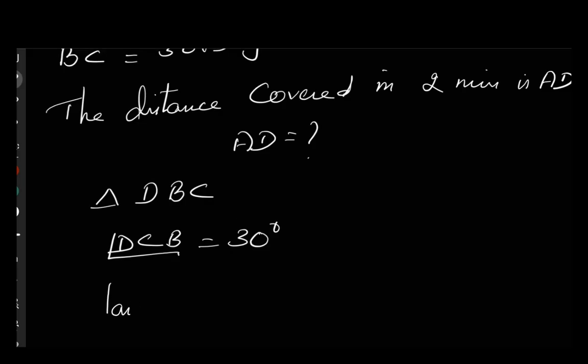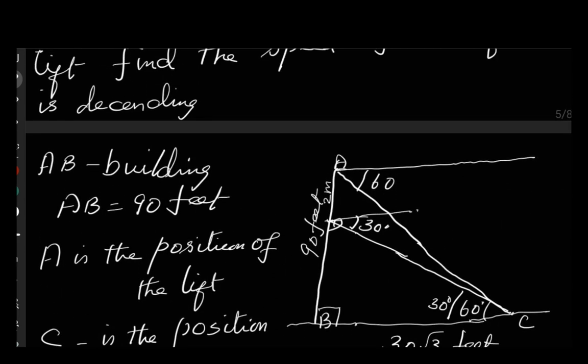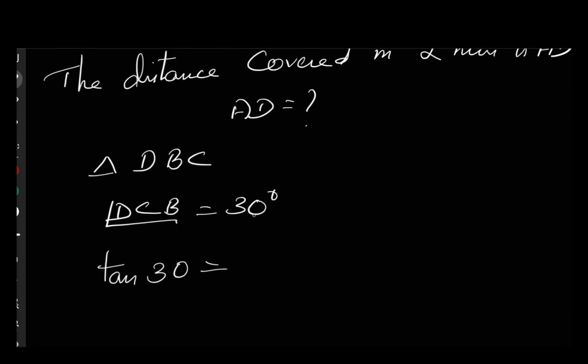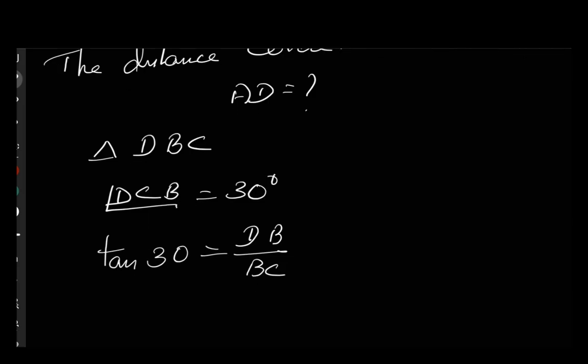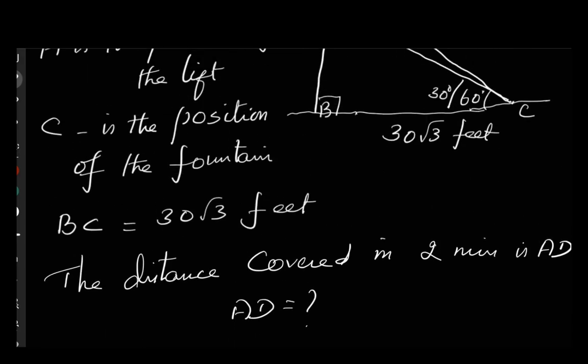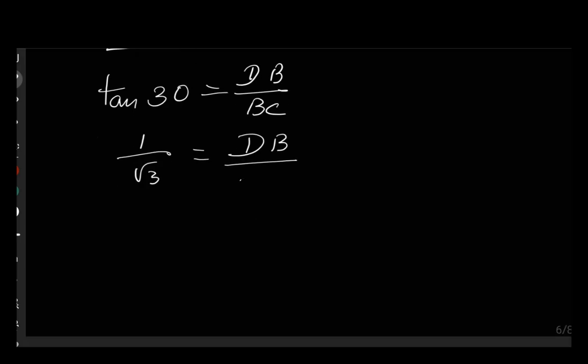In DBC, angle C is 30 degrees. Take tan 30, which is opposite side by adjacent, DB by BC. What is tan 30? 1 by √3. DB we don't know, we have to find, and BC is 30√3.